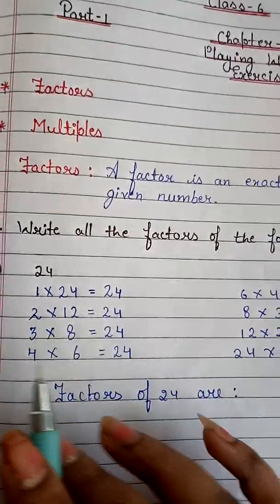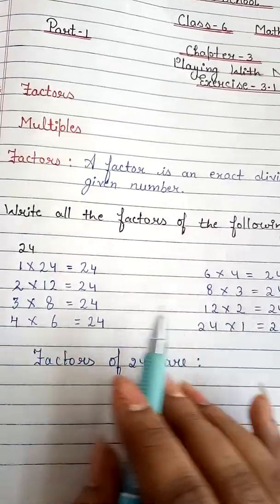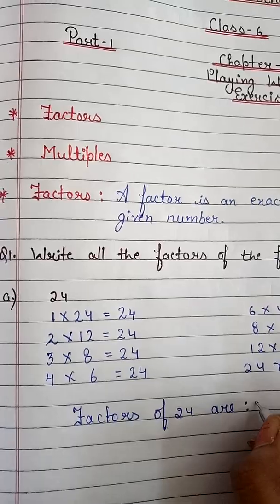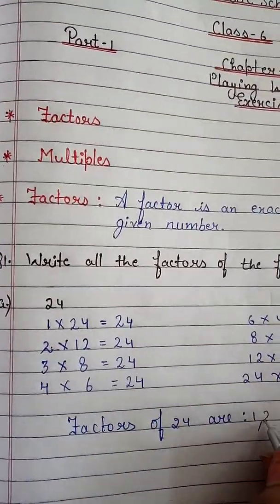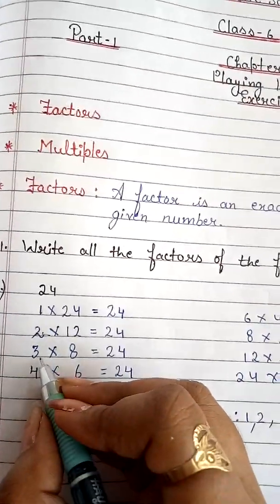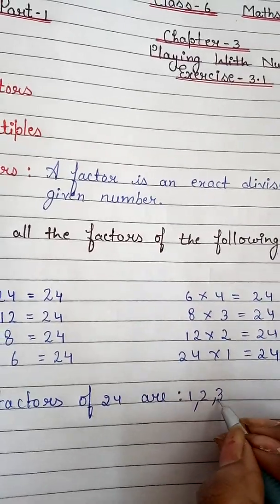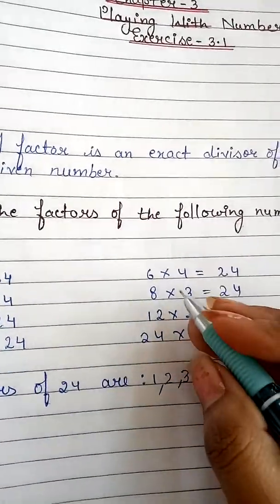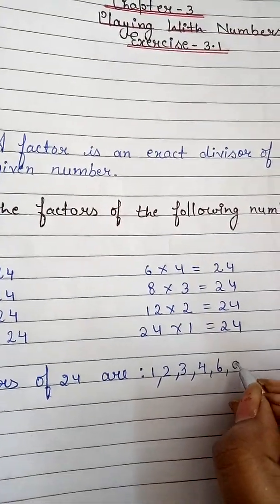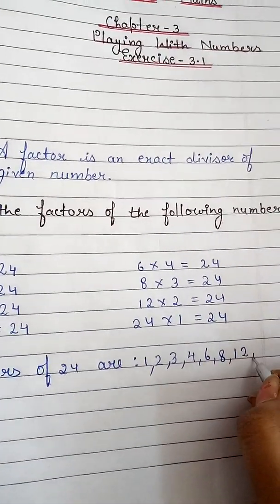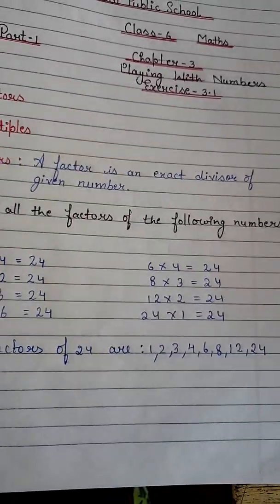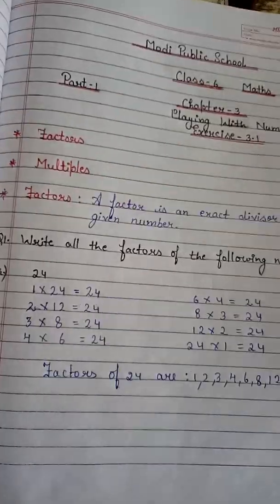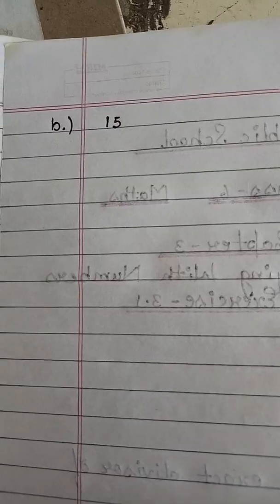All the numbers by which 24 can be obtained will be factors of 24. We start from 1, then 2, then 3, then 4, then 6, then 8, 12, and at last 24. So all these numbers are factors of 24.